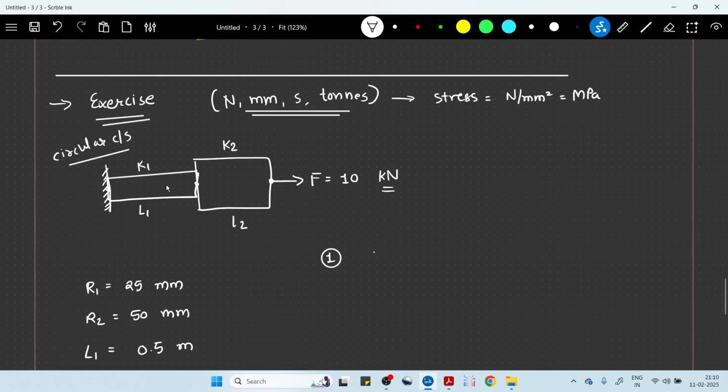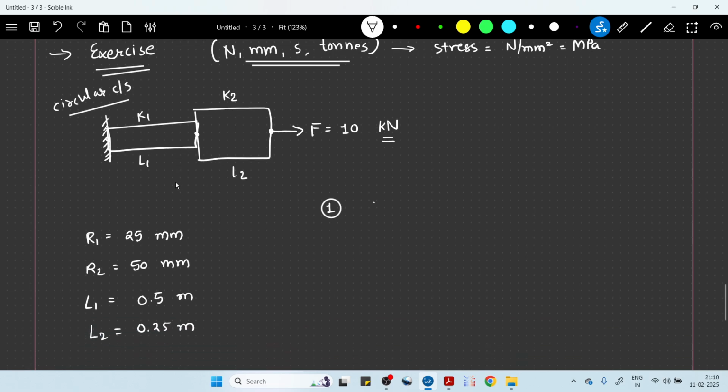For example, the first member of length L1 you divide into one element, and you discretize the second member of length L2 again with one element.